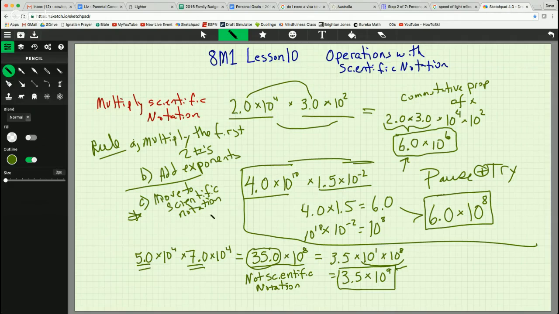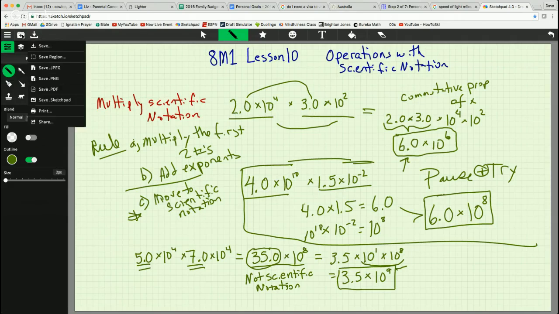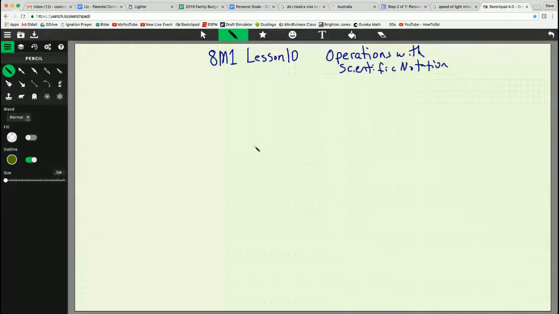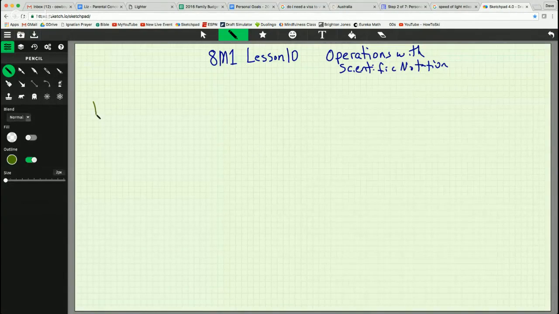Okay, so let's move along and go to another problem, which is division. We're going to use the same kind of principles when we do our division, and we're going to find our rules, which are, we'll have an A, a B, and a C over here.